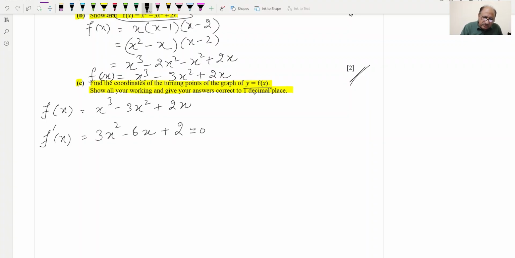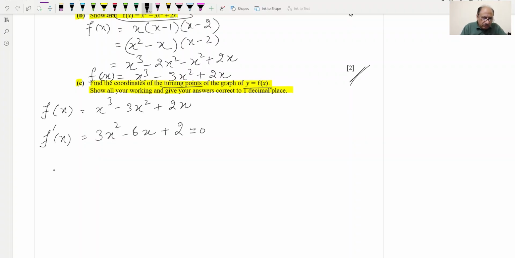Why? Because it is a turning point. On the turning point, upper or lower side, the gradient will be 0. This is what we have applied, and in this case the curve is opening upward. This is basically our f dash of x.